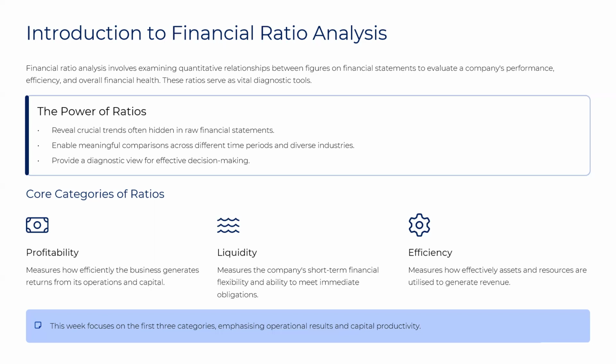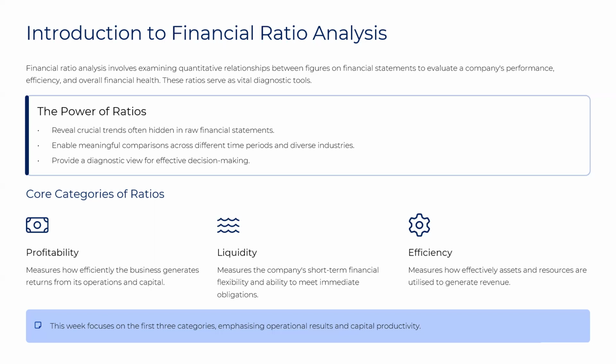Another thing is it enables meaningful comparison across different time periods and diverse industries. You can use ratio to compare the performance you had last year with this year, or the performance of the company for the past 5 years. And we also use it to provide a diagnostic view for effective decision making.